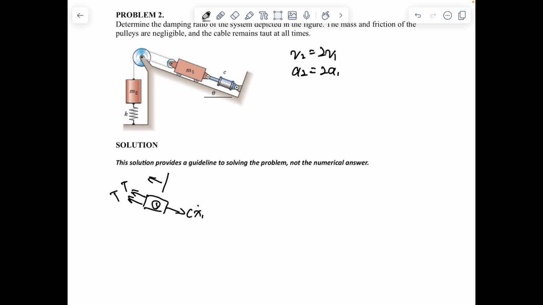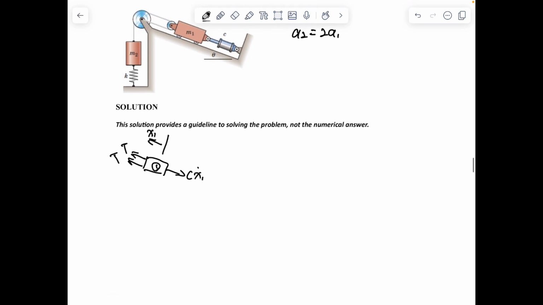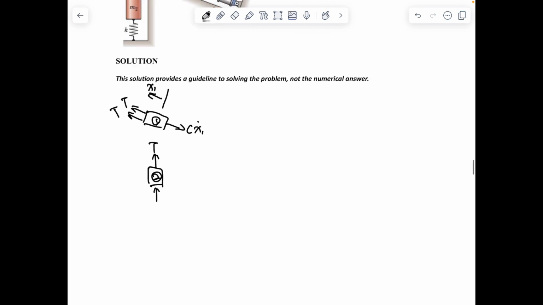By the way, we define this as our x1 direction. And for m2, we have the tension from the cable as well as the force from the spring, which is k x2, and this direction is our x2. And x1 is equal to 1 over 2 x2 because of the pulley right here. Then we can apply Newton's second law to these two masses.